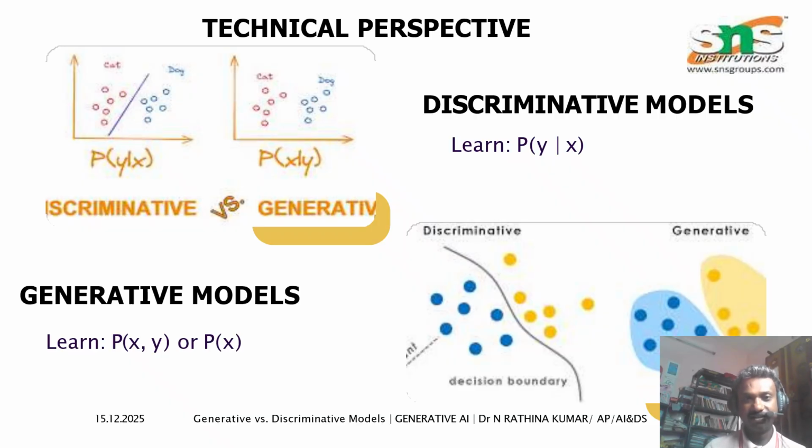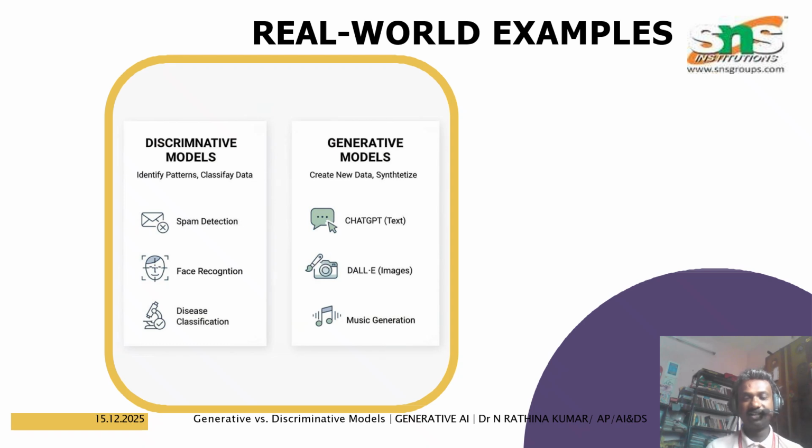I already informed this, but now I am recalling some real world examples of discriminative and generative models. Discriminative models identify patterns and classify data.